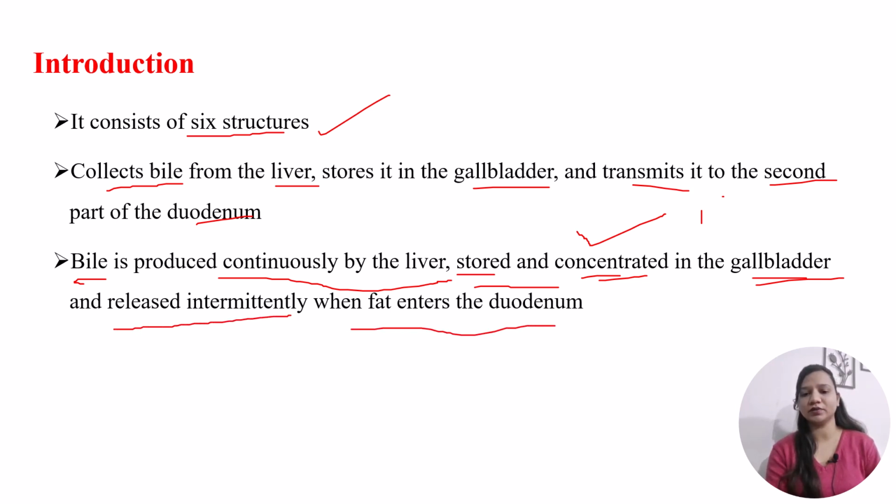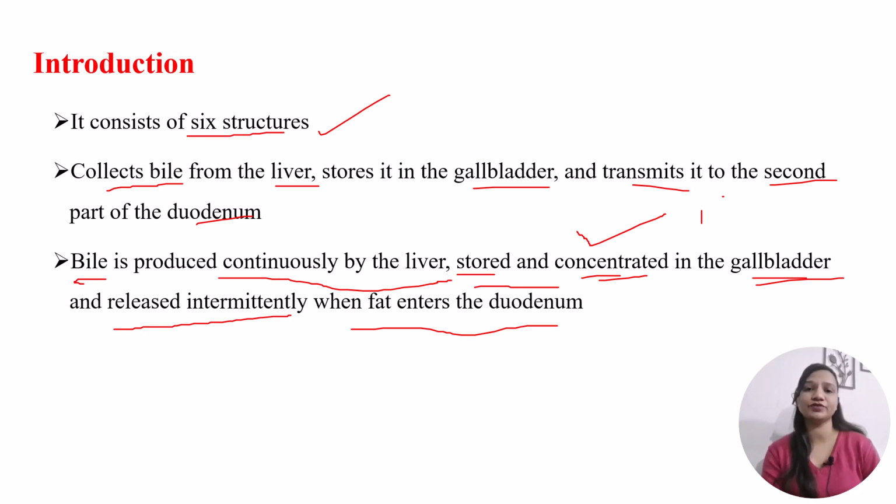Whenever we ingest food, it goes from the mouth through the esophagus into the stomach, and then through the pylorus into the duodenum. When food containing fat enters the duodenum, it signals the gallbladder, and the gallbladder releases the bile for the further digestion of the ingested fat.